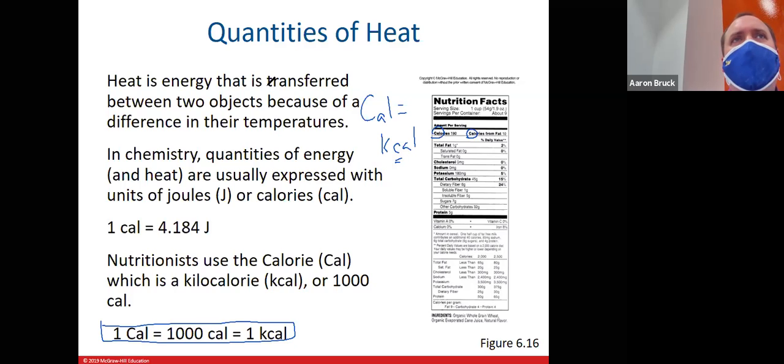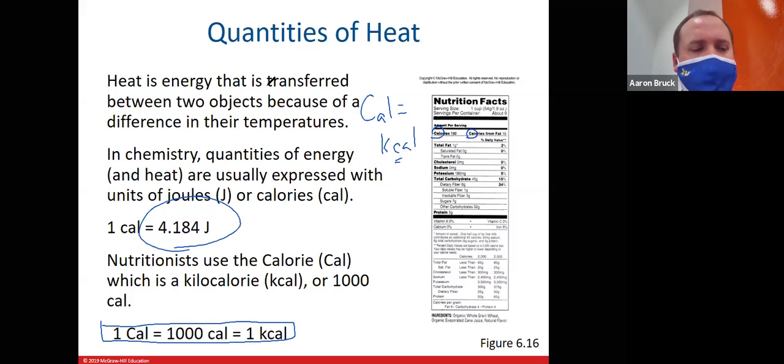That's probably the most familiar unit we have for energy. Nutrition facts tell us how much energy is in our food, how much energy our body can derive from the food that we eat or from the things that we drink. Where it gets confusing is the metric unit is the joule. Now, the relationship between joules and calories is a relatively simple one.